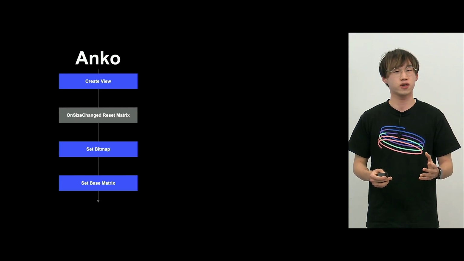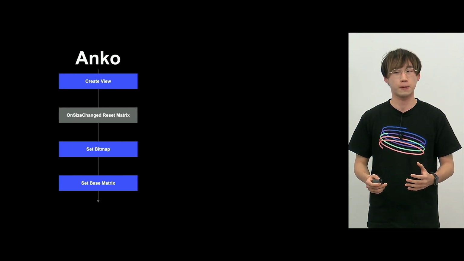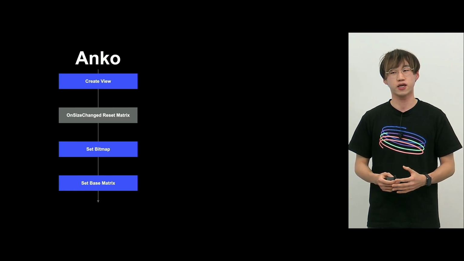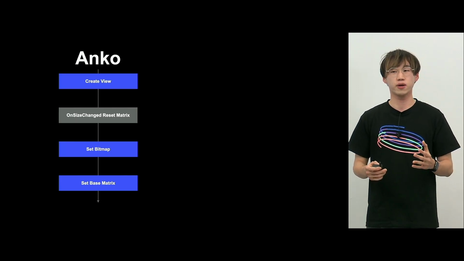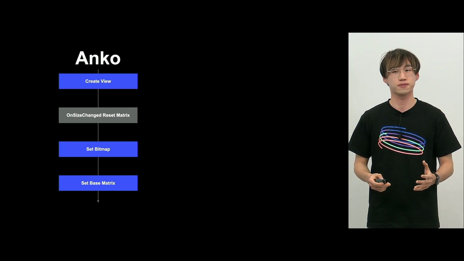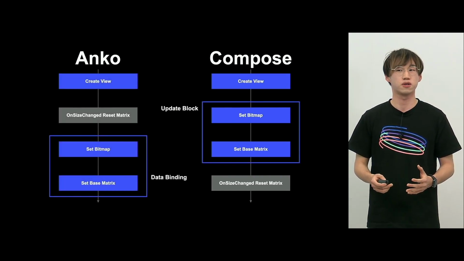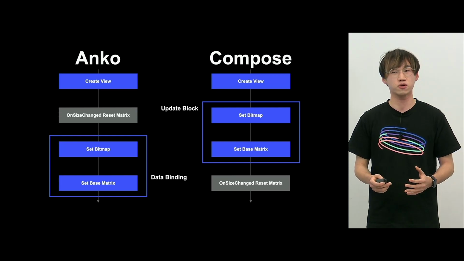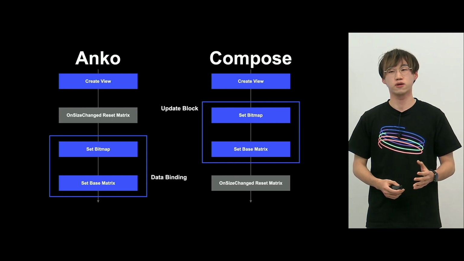In traditional Anko, the view is created first, and onSizeChanged is called when it is laid out. Then the binding of the image and the matrix will be performed next. But in Compose, it looks like this. If we compare, we can find that the timing of data binding is different. Why is this?